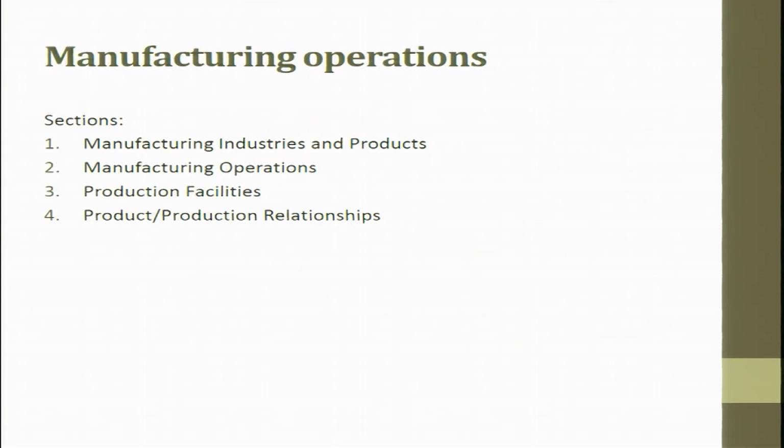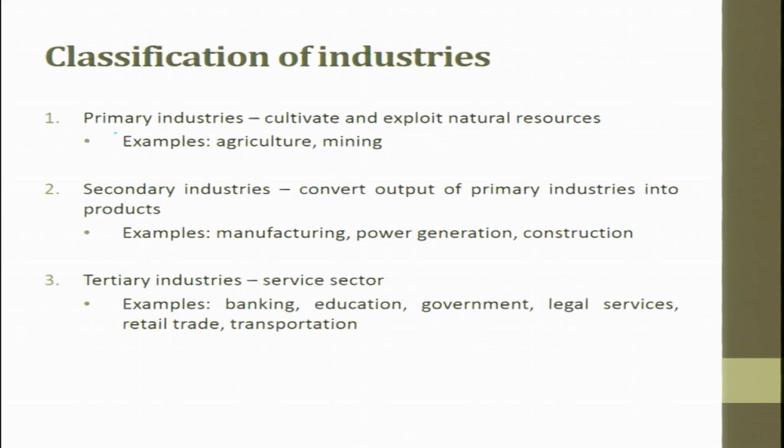In manufacturing operation, we will try to see manufacturing industries and products, manufacturing operations, production facilities, product and production relationship. This is what is part of manufacturing operations. When we talk about industry, the industry is divided into primary industry, secondary industry and tertiary industries. Primary industries are industries wherein cultivation or exploitation of natural resources falls under primary industries.